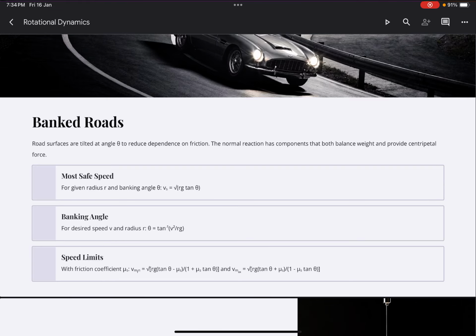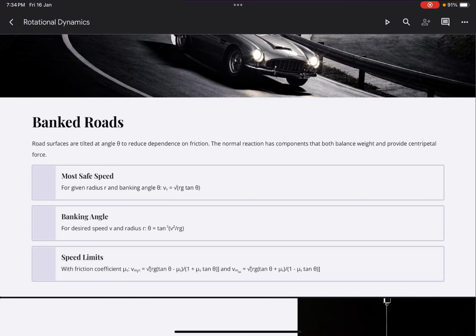So the safe speed for a given radius r, if the banking angle is theta, is given by the formula under root of rg tan theta. For the banked road, the maximum safe speed formula is under root of rg tan theta, where theta is the tilt or banking angle, and it is given by tan inverse of v square by rg, right?